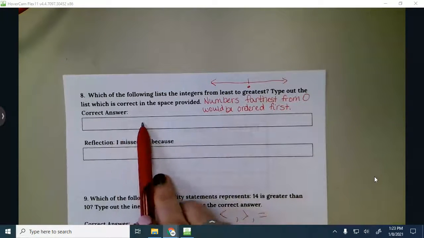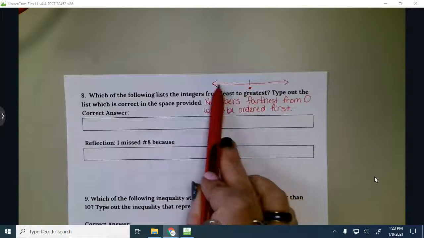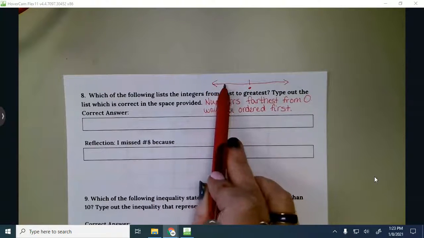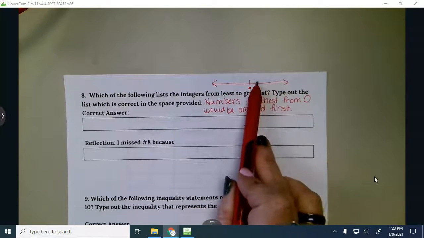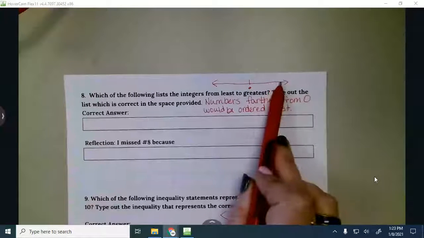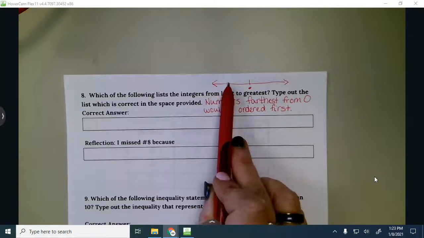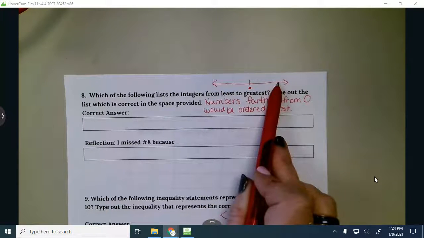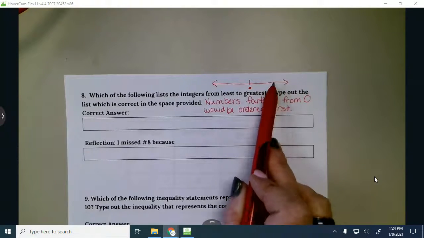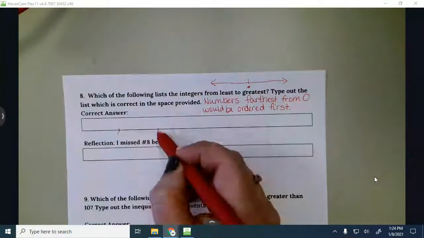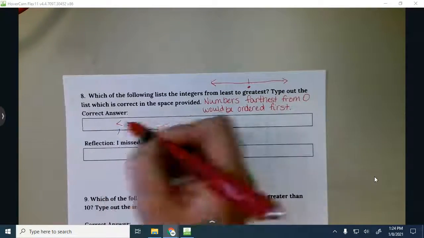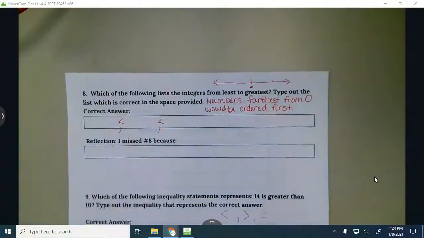So if you were to put these in order, you want to think about the ones that are farthest from 0 and the negative, and then you would move this way. Again, there might be some farther from 0 this way, so you want to start with the negative and list it going across. We talked about this with inequality. So you could put commas in, or you could put less than signs in. That's up to you.